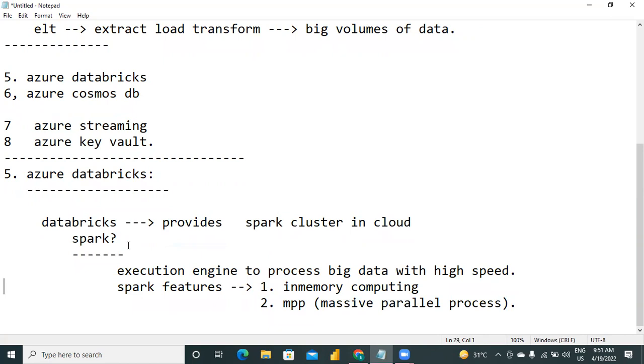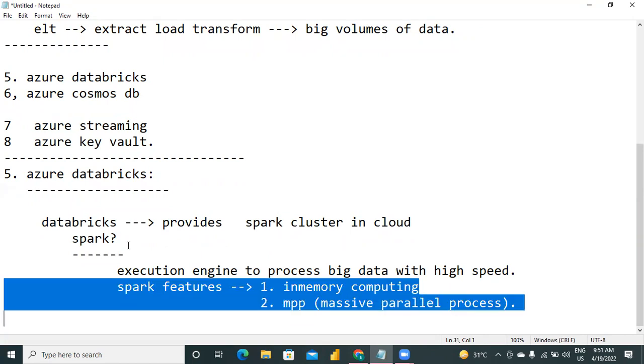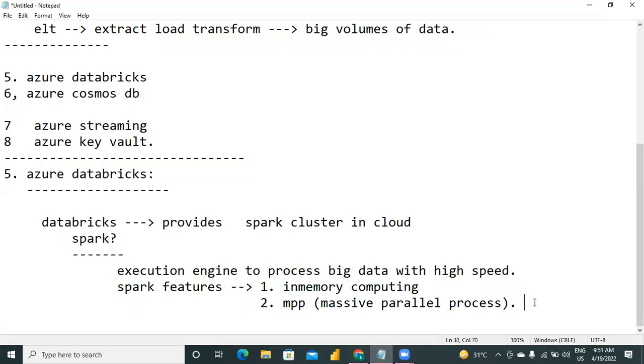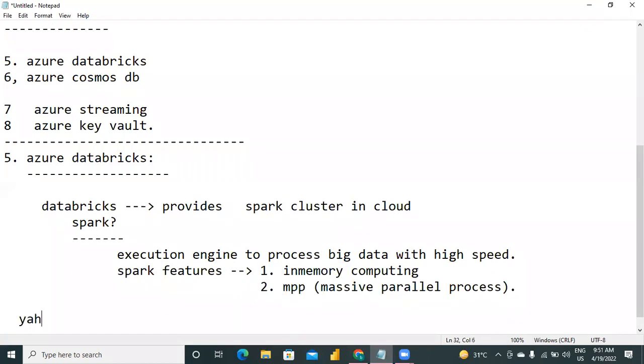Because of these 2 features, your data processing is very fast. Actually, Yahoo in 2016 tested Spark with a cluster of 390 nodes. The test was a 1 terabyte sort. With those 390 nodes, the 1 terabyte sort happened in 1.2 minutes.